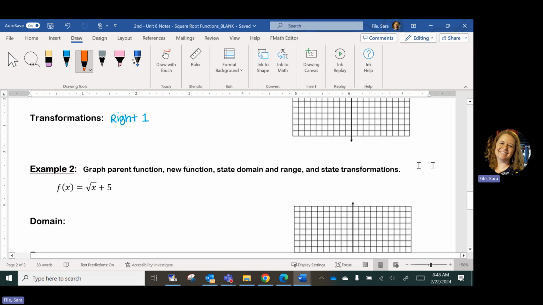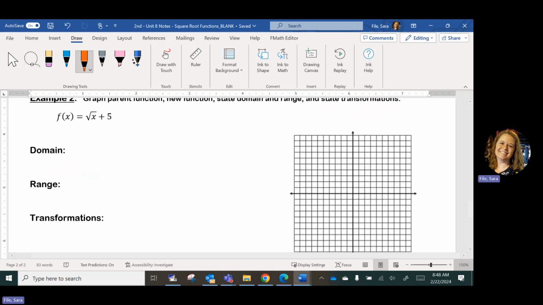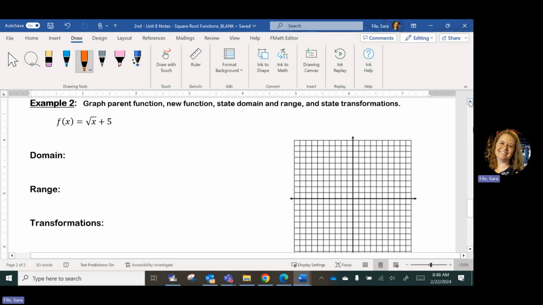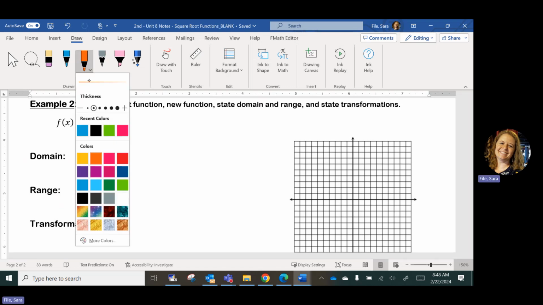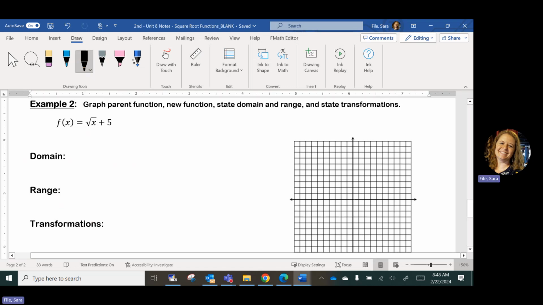All right, let's try this next one. Okay, I'm going to put the parent function on here first. So again, that starts at 0, 0, goes through 1, 1, 4, 2, and 9, 3.